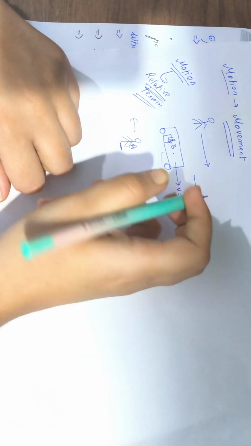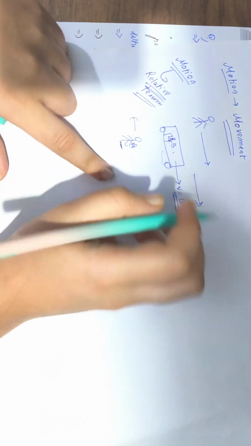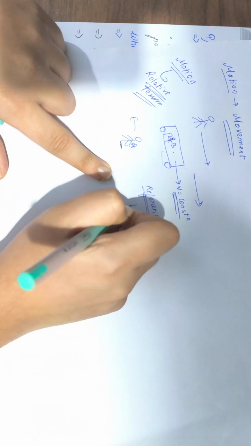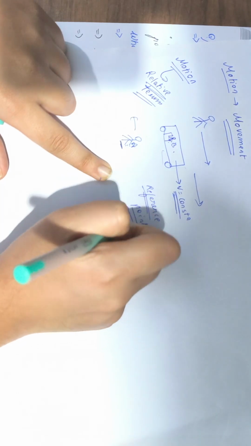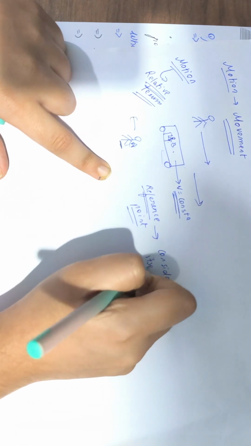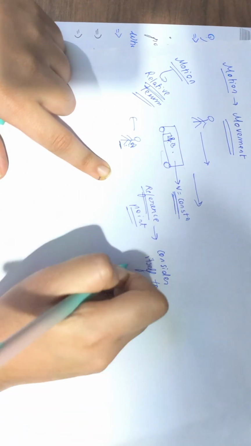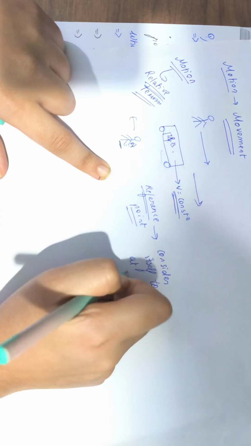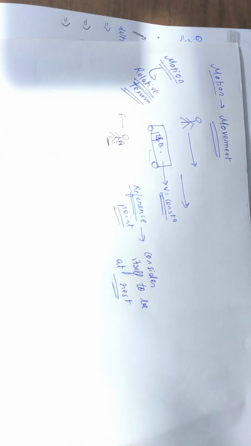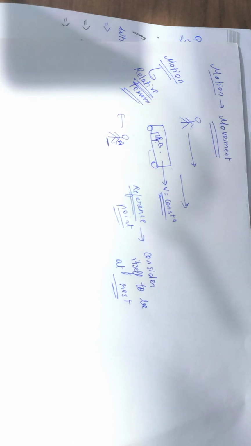Always remember that the reference point is the person who is viewing, and he will always consider himself to be at rest, and with respect to that he will view the object. Now you're able to understand, right? Motion is movement, and this movement depends on the person who is viewing.